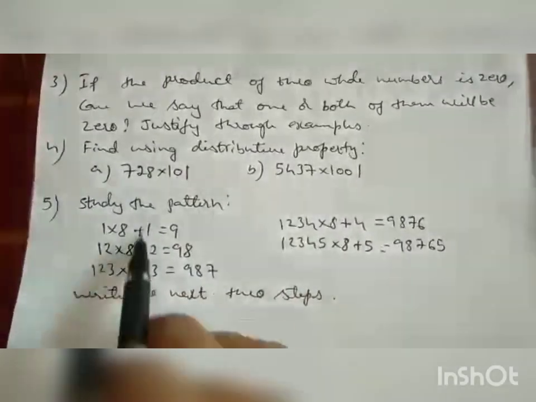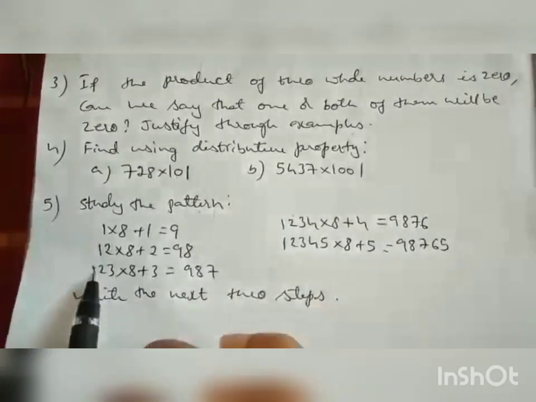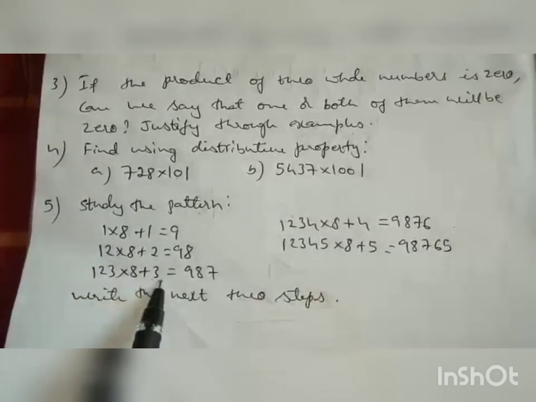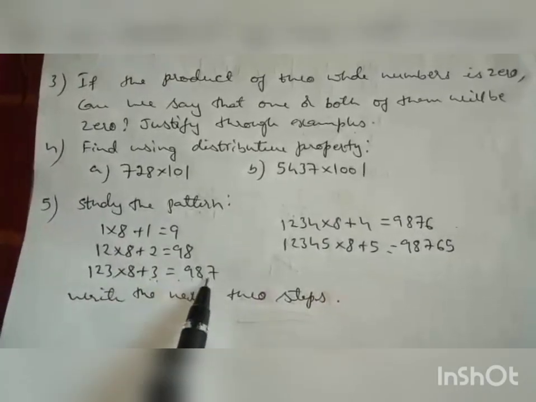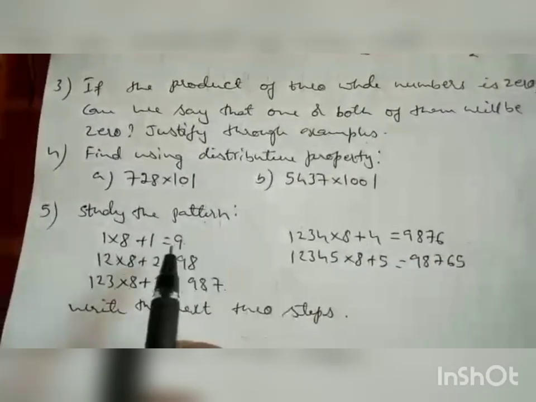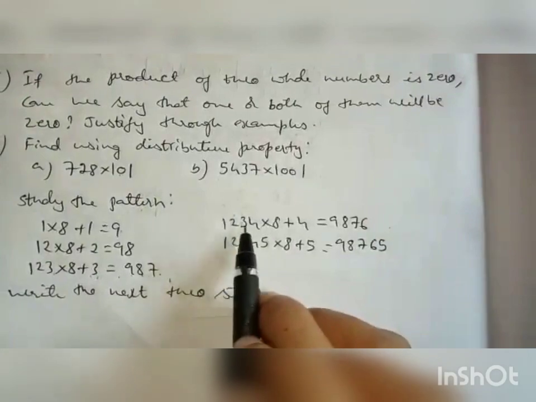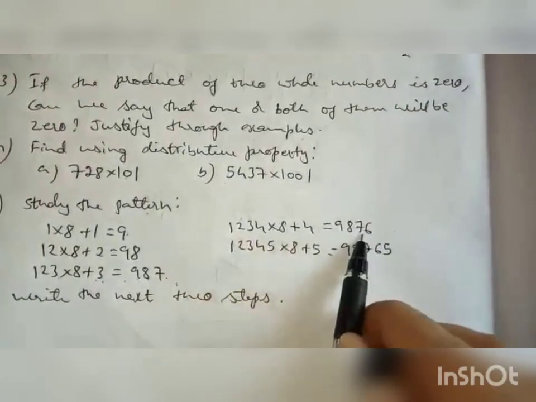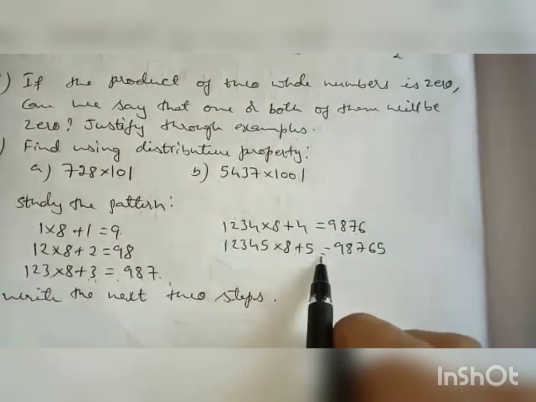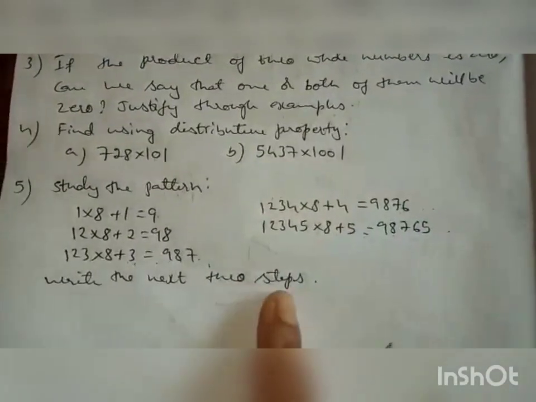Everything is multiplied with 8 only, but the numbers increase. 123 into 8 plus 3 is 987. Answers also you can see are decreasing numbers, right? 9, 98, 987. Same way here. 1234 into 8 plus 4 is equal to 9876. 12345 into 8 plus 5 is equal to 98765. You have to do the next 2 steps the same way.